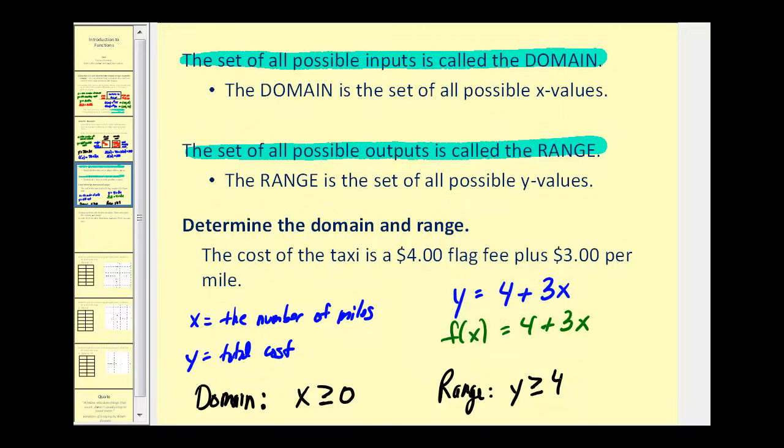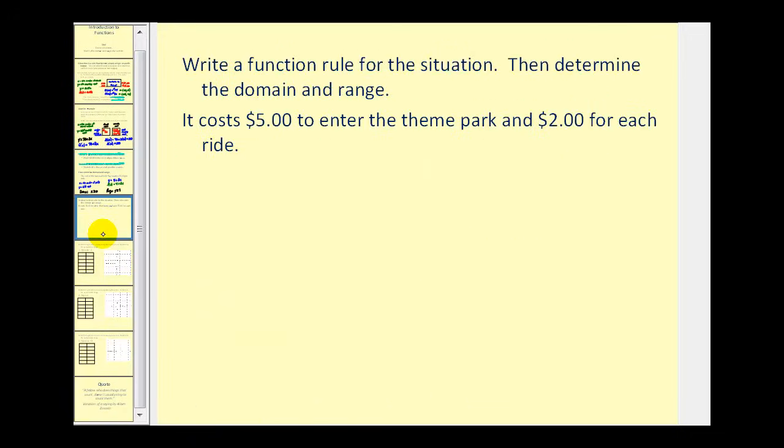Let's take a look at another example of determining the domain and range from a situation that represents a function. Here it costs $5 to enter the theme park and $2 for each ride.